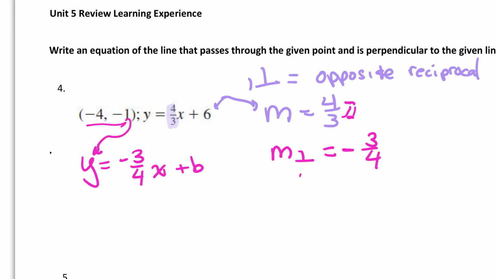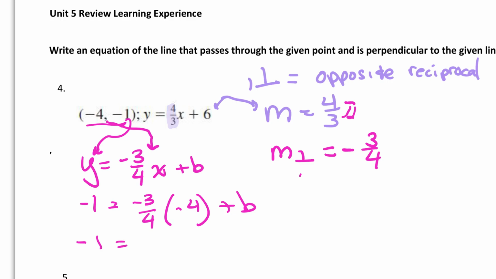Plug in -1 for y, -4 for x, -1 is equal to -3 over 4 times -4 plus b. So then I get -1 is equal to -12 over 4 plus b.